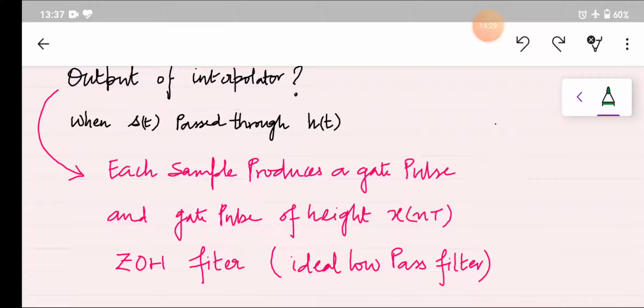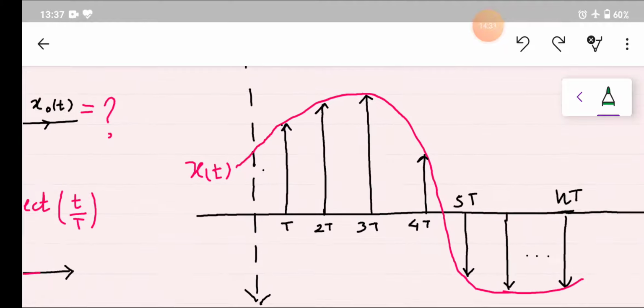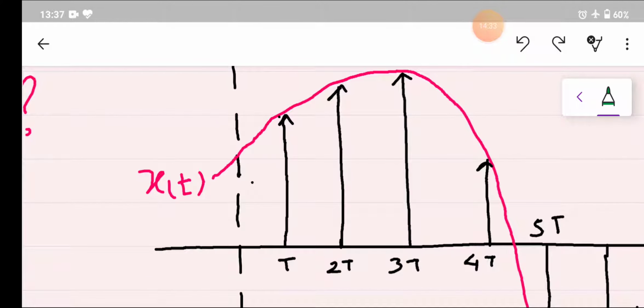Okay, so let us say for the first sample it produces a gate pulse which is centered at t. So here we have our first gate pulse, as this pulse represented here.